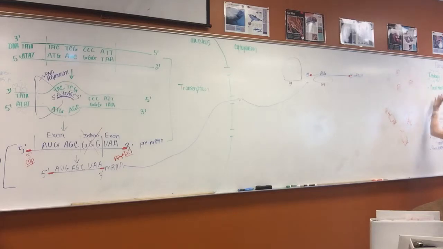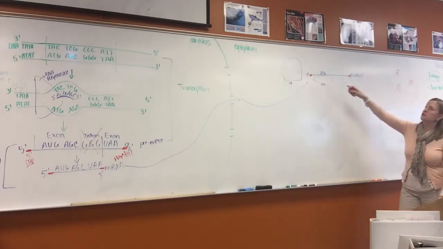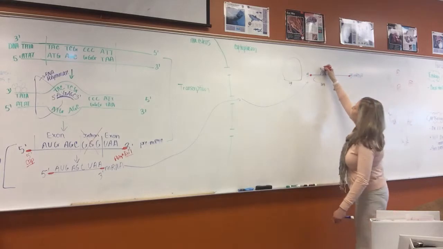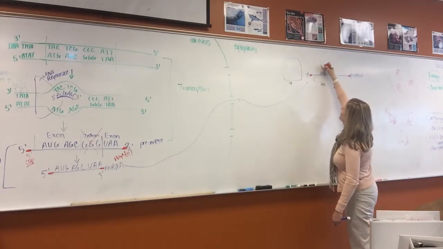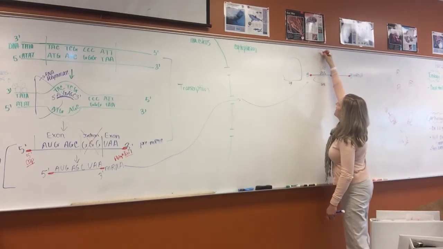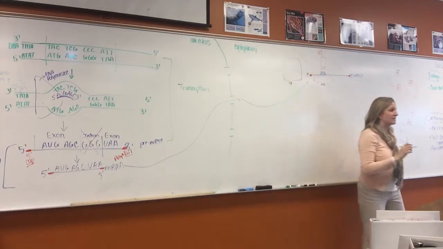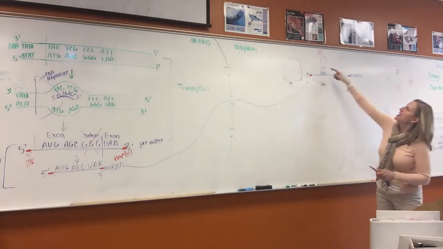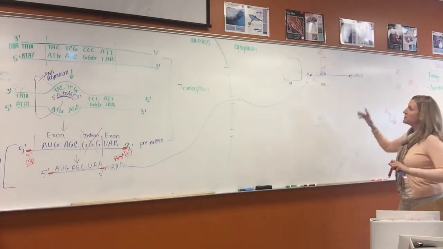Out of all the 20 amino acids, this tRNA can only bind with methionine, and therefore AUG stands for methionine, because the only tRNA that can bind to that is the tRNA that has methionine on it. Make sense? And so this little guy comes over here and binds. So we have our first amino acid.